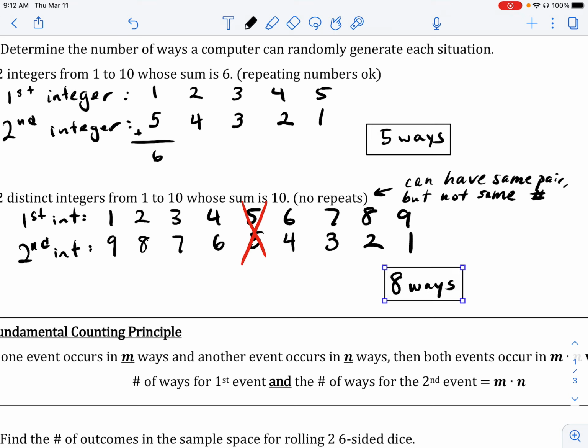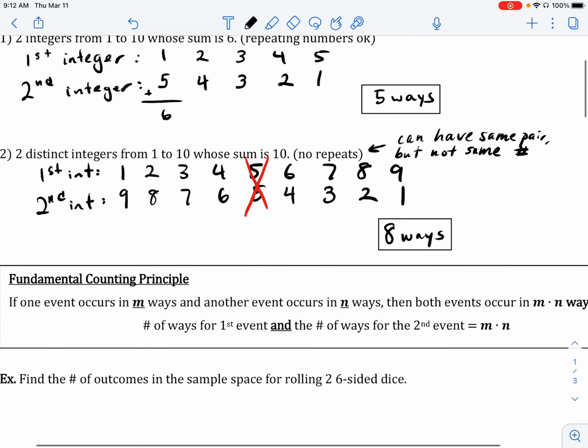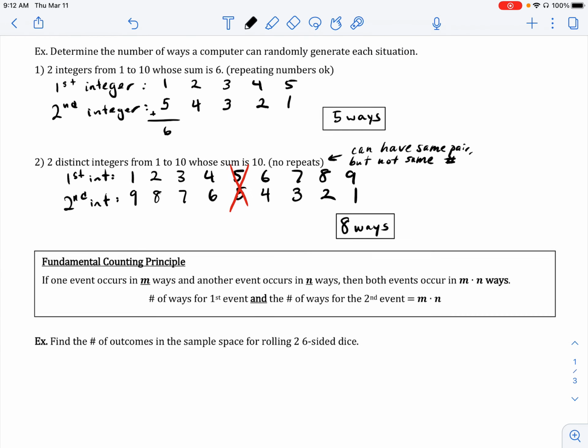This process of counting the number of ways that one event can occur and then another event can also occur is called the fundamental counting principle. If one event occurs in m ways and another event occurs in n ways, then both events occur in m times n ways.